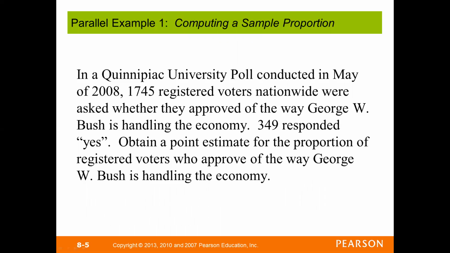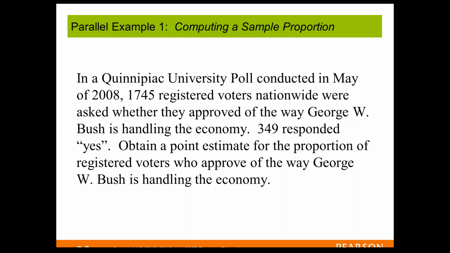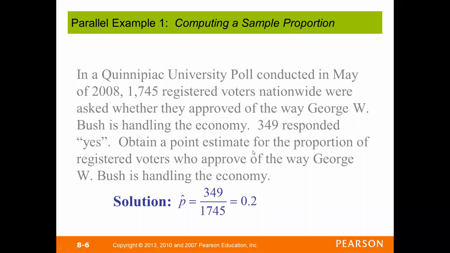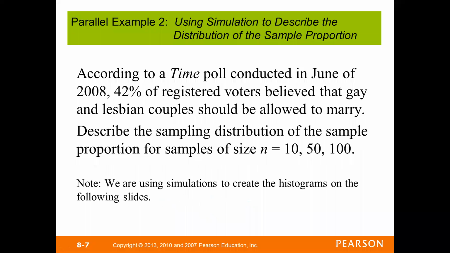A point estimate of the proportion of registered voters who approved would have been the number of people with the characteristic we were interested in, which would be 349, divided by the total number of voters we asked, 1,745. So the point estimate is 349 over 1,745, which is 0.2, or 20% approved of his handling of the economy.